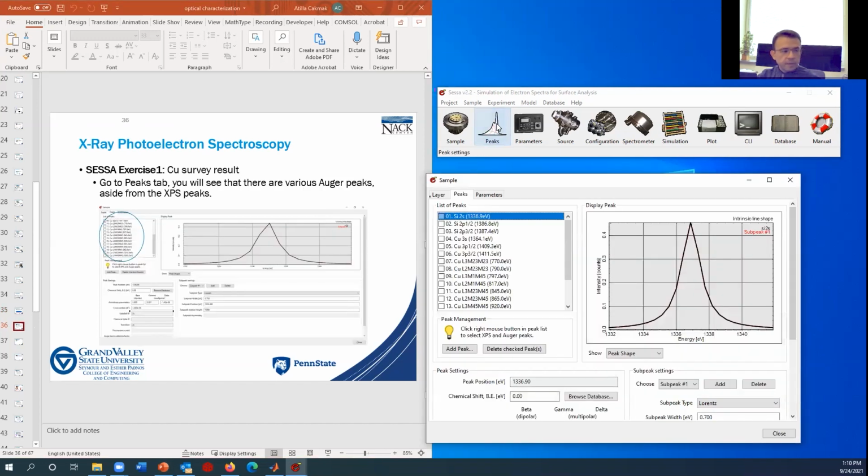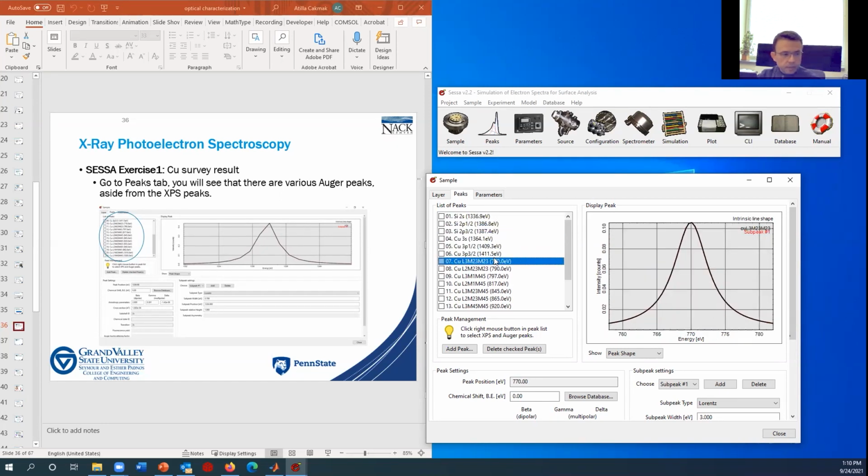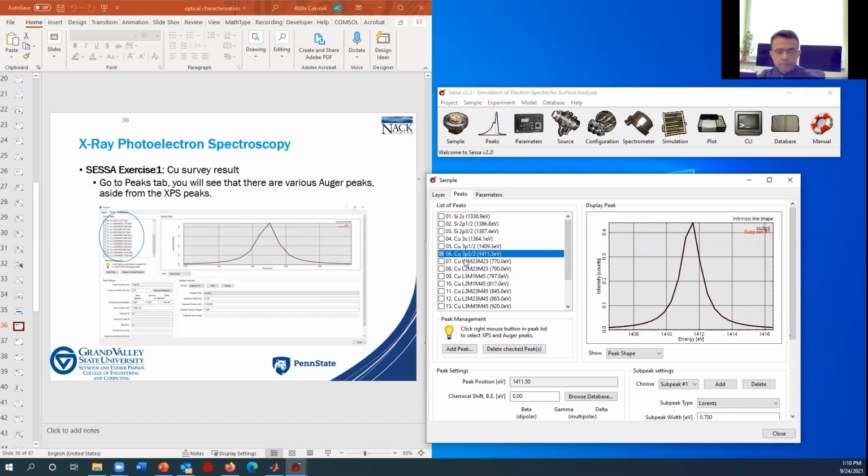All right, now if you click on peaks here, and these slides are already guiding you, you will see a lot of peaks. Some of them will tell us information about familiar things like P, S, those orbitals, right? But some of them may not be so evident.